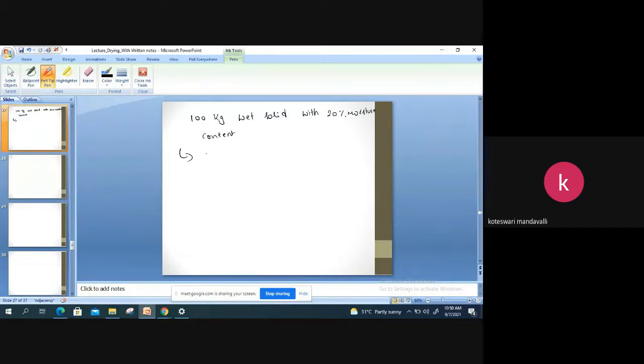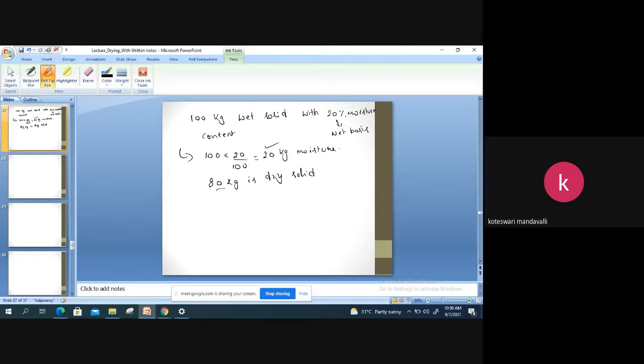That means you have 100 into 20 by 100, that is 20 kgs of moisture, because of 20% moisture content. The remaining 80 kgs is the dry solid. So out of 100 kgs, 20 kgs is the moisture and the remaining 80 kgs is the dry solid. That means this moisture content is expressed in terms of wet basis.